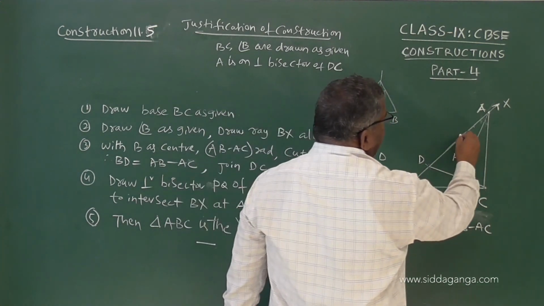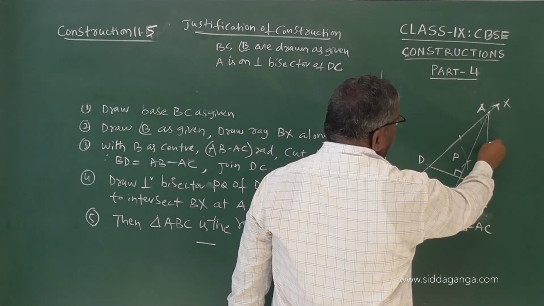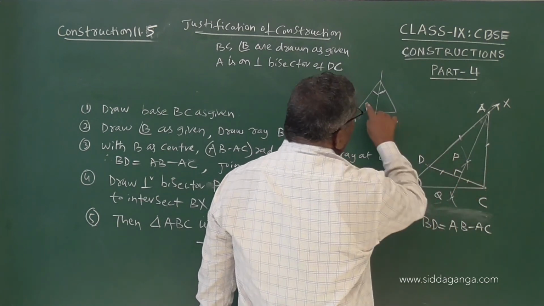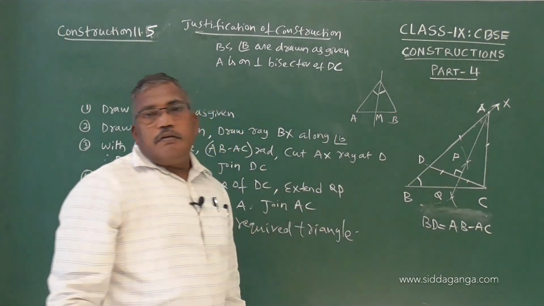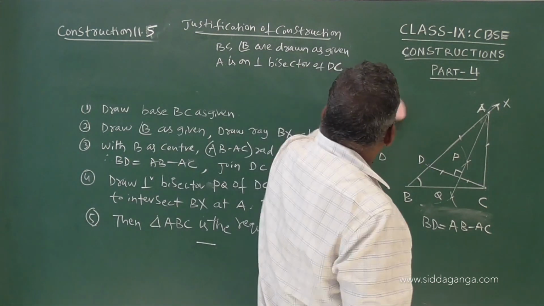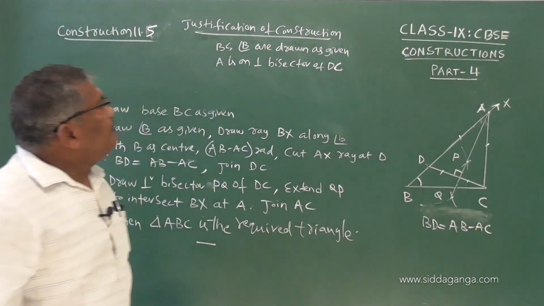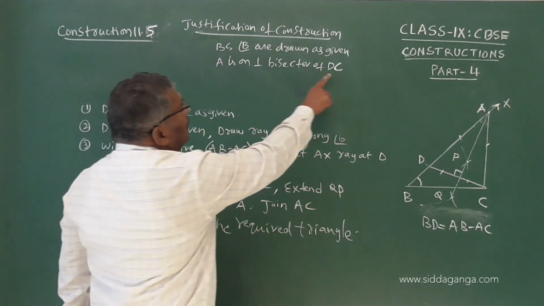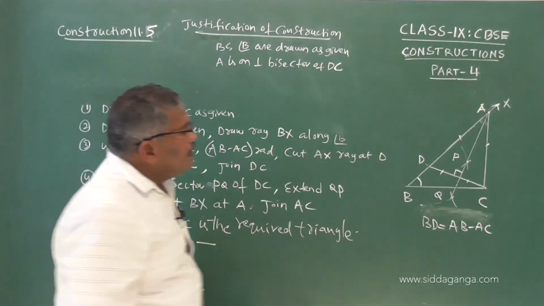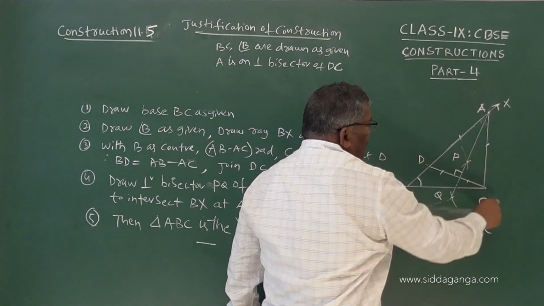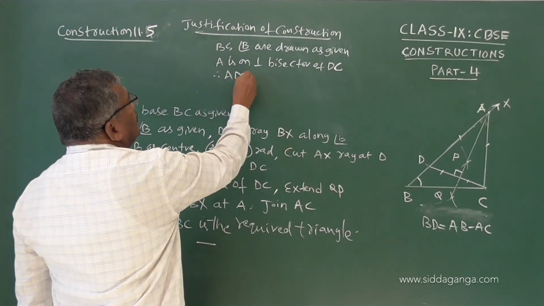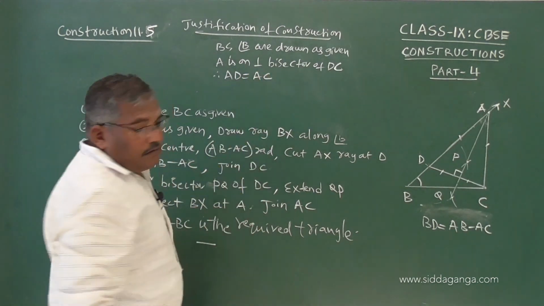Here DC is common. So A is on the perpendicular bisector of DC, therefore we can say AD equals AC.